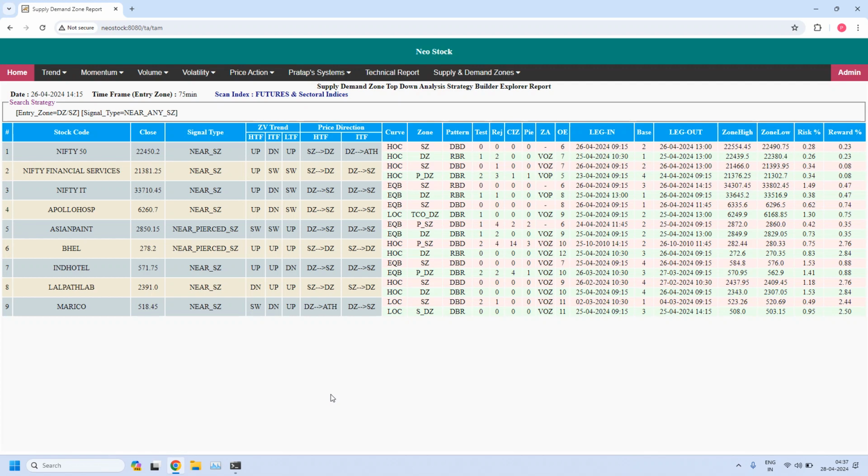No, we don't have any high liquidity supply zones. That means both the daily time frame and 75 minutes time frame, we don't have any high liquidity supply zones. We have only high liquidity demand zones. I think 5 stocks from daily and 2 stocks from 75 minutes. So total 7 high liquidity demand zones were identified.